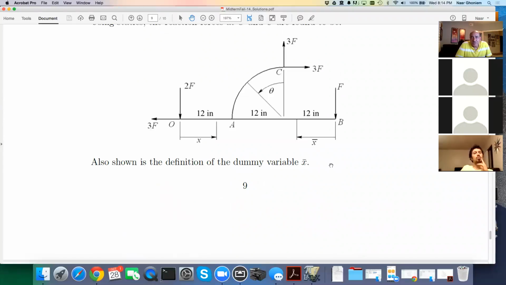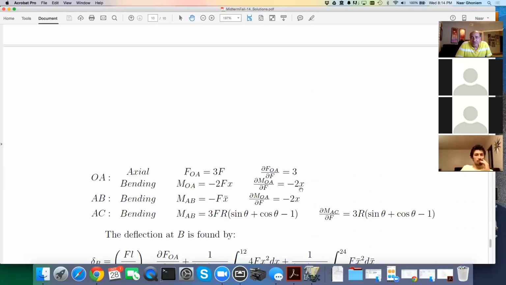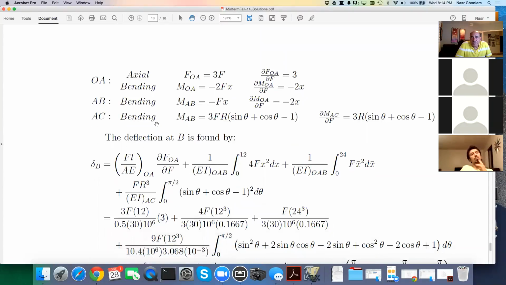So we have to calculate now all of the energies for axial and for bending, and then find the deflection by using Castigliano's theorem. For the axial, it is FL over AE, and the derivative with respect to F gives us 3.